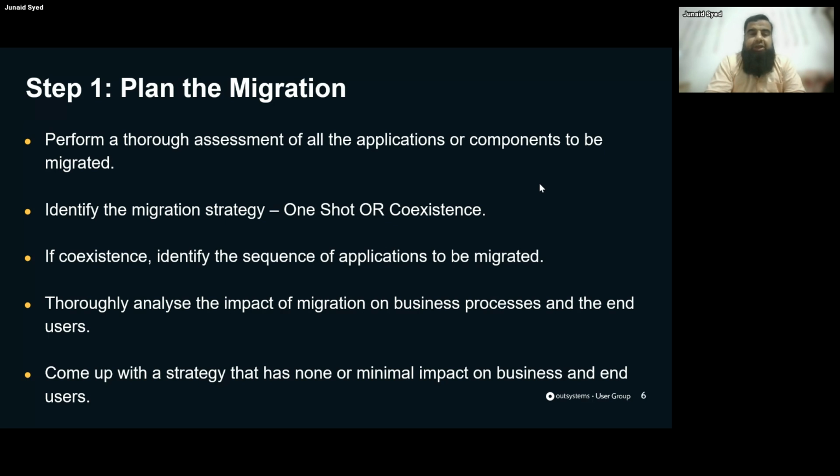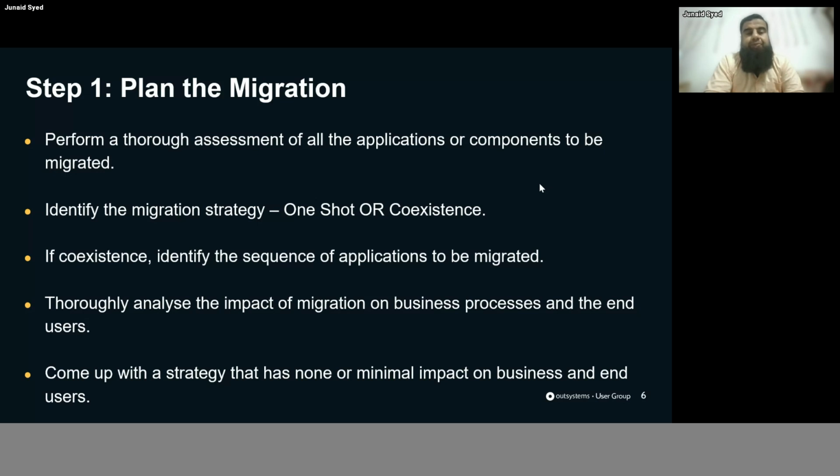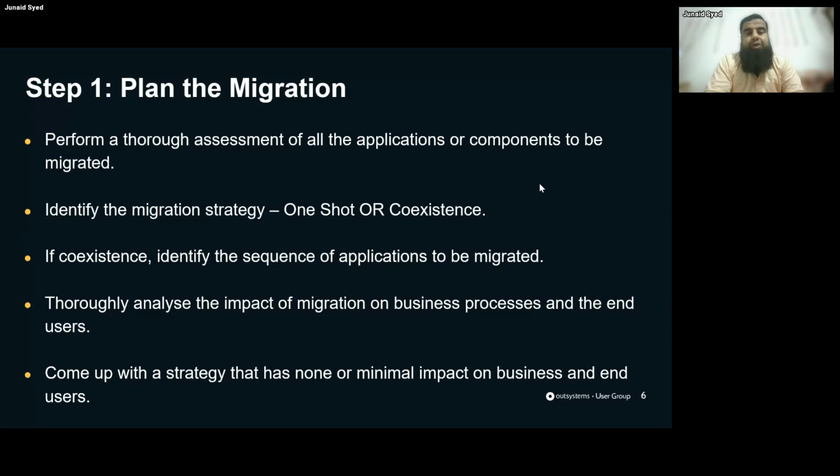And then in the next phase, maybe you migrate 10 or 15 more applications to ODC, and then you go on in this way until you finish your migration from O11 to ODC for all the applications. So that is called the coexistence approach. Means you have the applications live in both O11 and ODC until the migration completes.